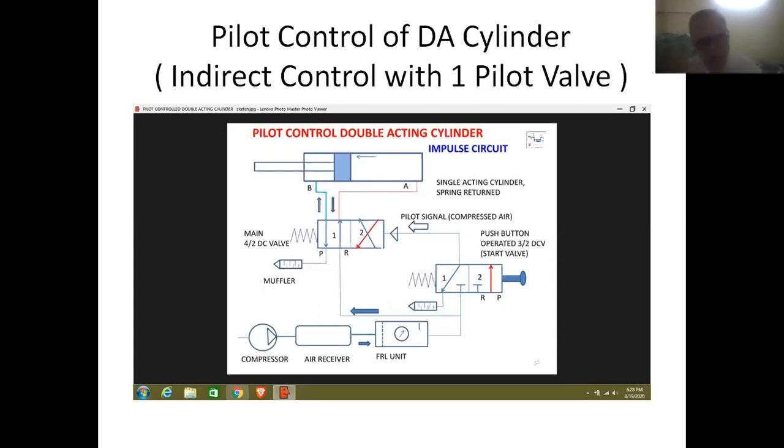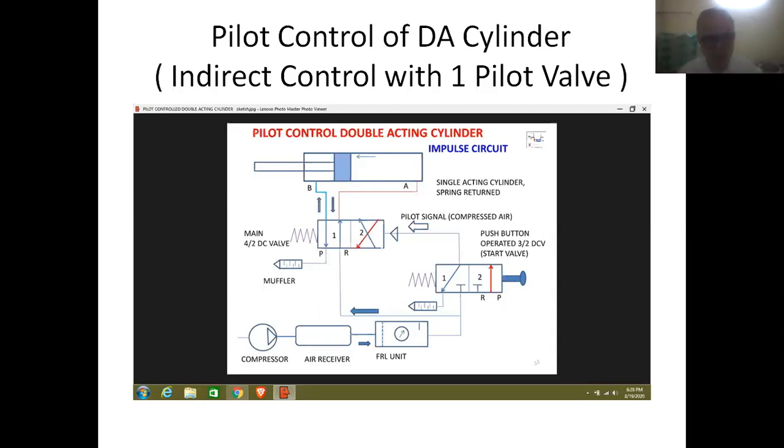And if both the pilot valve and the DC valve are used for controlling the cylinder, it is referred to as indirect control of the cylinder. Controlling of cylinders is very essential for operating circuits.